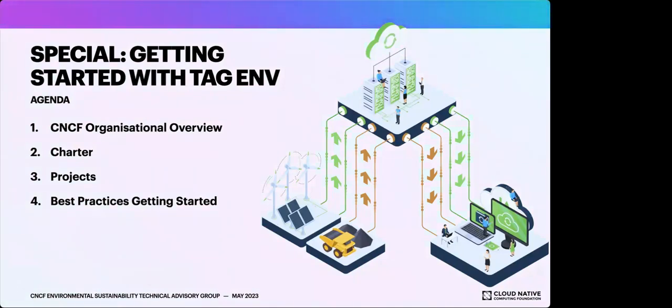Then we talk about the projects. There are quite a few projects, and there are a lot more in everyone's heads. So we will spend quite some time on the projects, and then we will discuss briefly how to get started. This also gives a more general overview of how to get started in open source, but also in the TAG specifically.